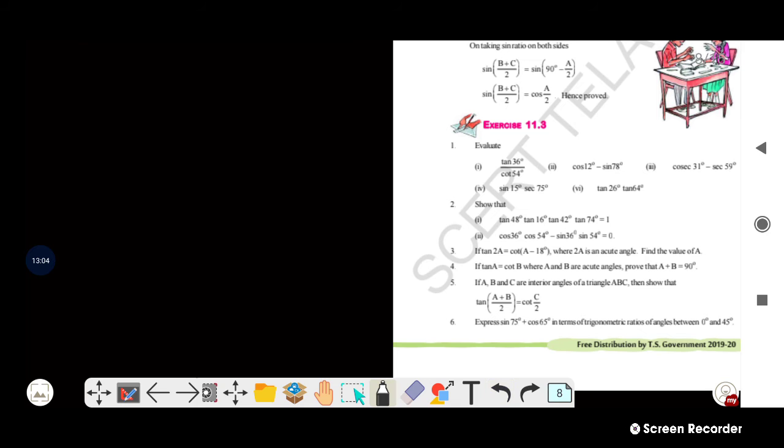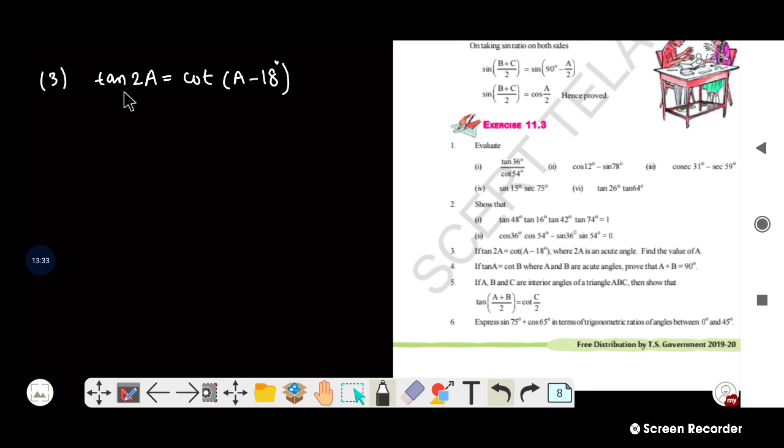We'll move to the next question, the third question. So what is the third question? If tan 2a is equal to cot (a minus 18), where 2a is an acute angle, find the value of a. So we can write the acute angle formula.